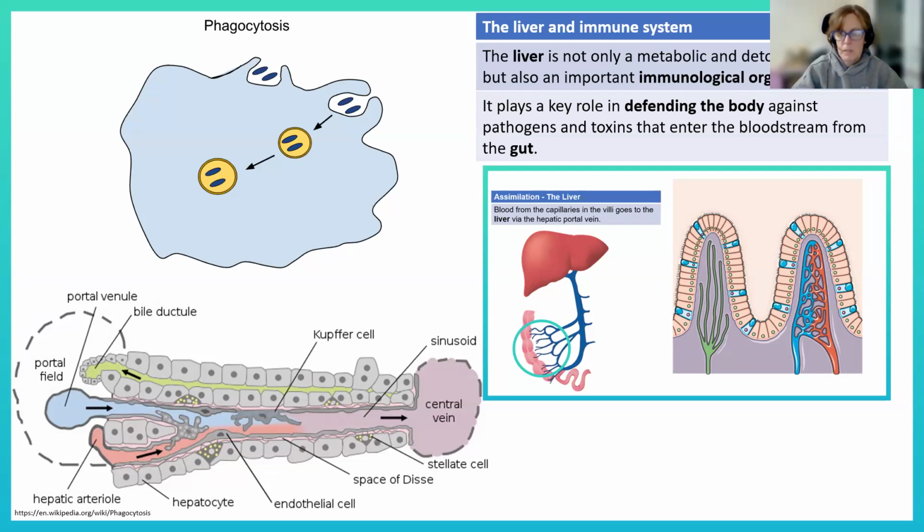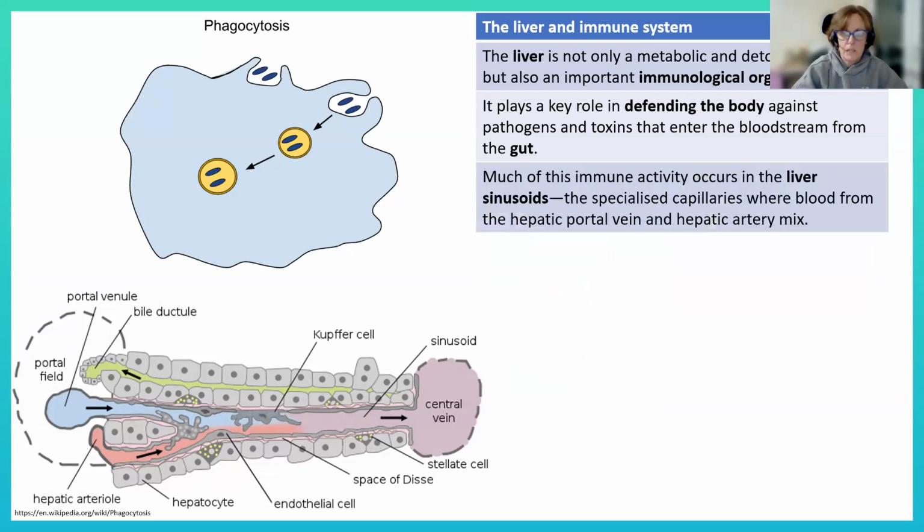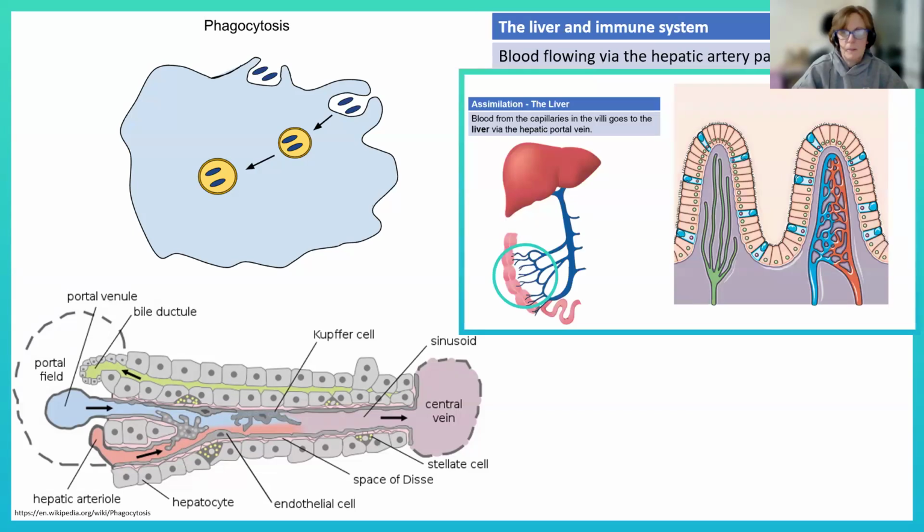So it's the first place that the blood goes from the gut, and much of this immune activity occurs in these specialized capillaries of the liver, where they mix the blood from the hepatic portal vein with the hepatic artery. The blood is going to flow past these specialized cells that you can see over here.